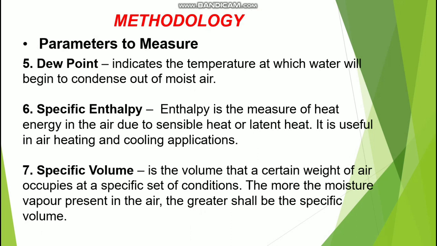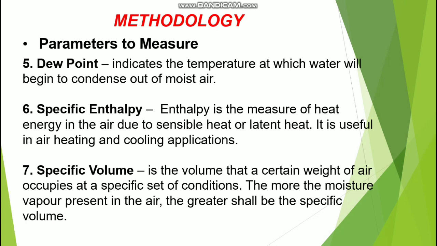Then specific enthalpy. Enthalpy is the measure of heat energy in the air due to sensible heat or latent heat. It is useful in air heating and cooling applications. Then specific volume. It is the volume that a certain weight of air occupies at a specific set of conditions. So the more the moisture vapor present in the air, the greater shall be the specific volume.